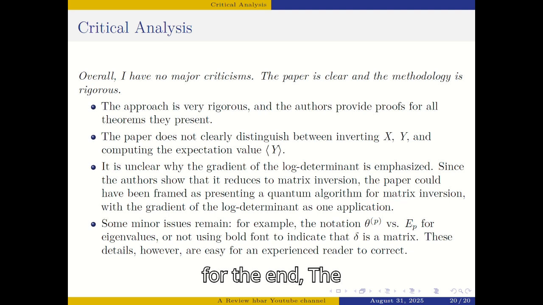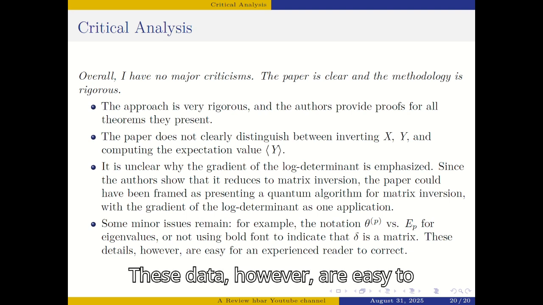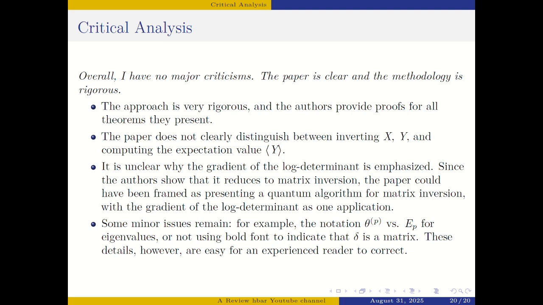And for the end, the paper have some minor issues, like use two notation for eigenvalues, or not using bold font to indicate that delta is a matrix. Those details, however, are easy to figure out.